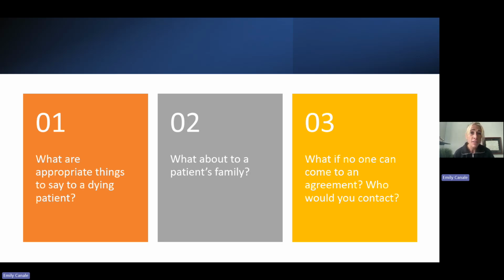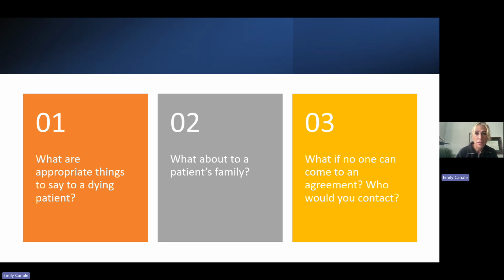What are your favorite memories of the patient? I always love doing that with the family members. It helps them reconnect and get some of those emotions out. You can ask them, what are you going to miss the most about this person? Do you think that this patient is comfortable? Do you need anything right now? So those are some therapeutic things that you can say to family and the patients.